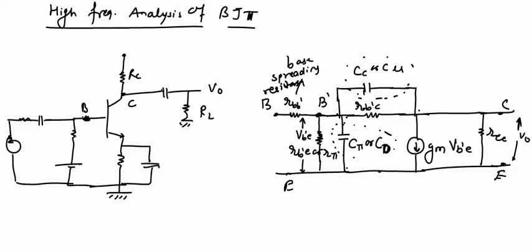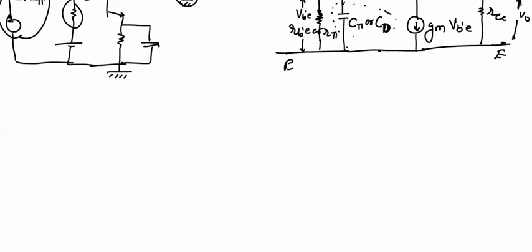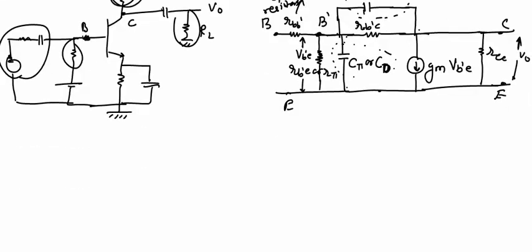Now for this high frequency model, we can connect the other components like RC, RL, RB, the source voltage and source resistance, as we have connected in the earlier case. Now from this model, we can have some equations.